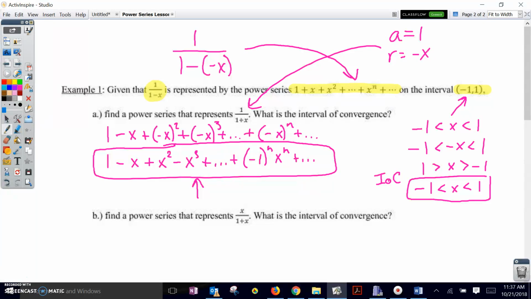And the interval of convergence has to be where the absolute value of r is less than 1, and we solved that right down here. So that's another way of thinking about it. We can think about it in either of those two ways, and it'll work out just fine for us.